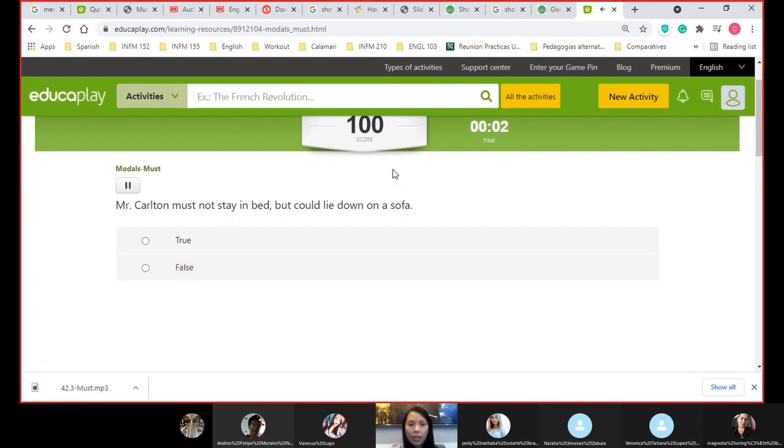And here you can press this button to hear the conversation. It's a conversation between a doctor and a patient. According to the conversation, you're gonna choose true or false to answer the statement.